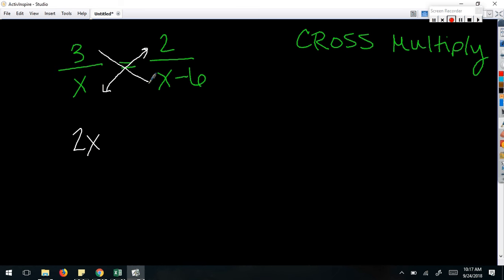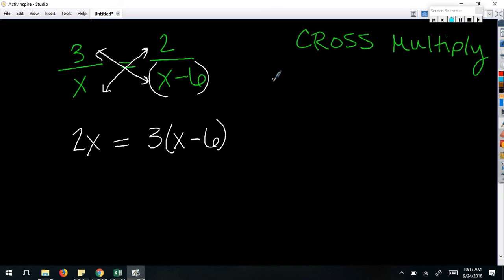Now here's where you have to be careful, okay? When I have something like this, I need to make sure I multiply 3 to everything in the bottom of the fraction, okay? So it's going to turn into a what? It starts with a D. Distribute, okay?